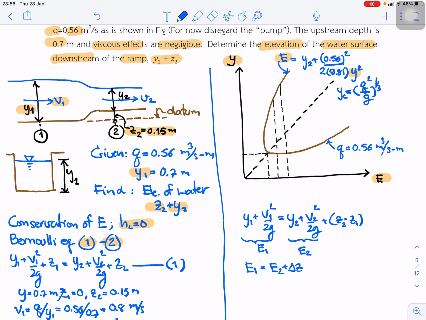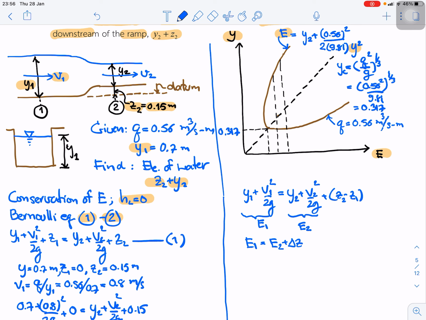For a rectangle, yc is about 0.317. So that is yc, 0.317. Okay.